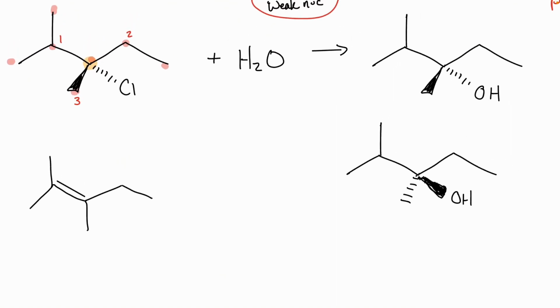Or I can form it on the other side, right? So if we want to visualize, I have this bond here. This is where my chlorine used to be. I'm going to pick it up, and I'm either going to form a double bond on this side, I'm going to move it around, form a double bond on this side, or over here. Those are my three options, right?